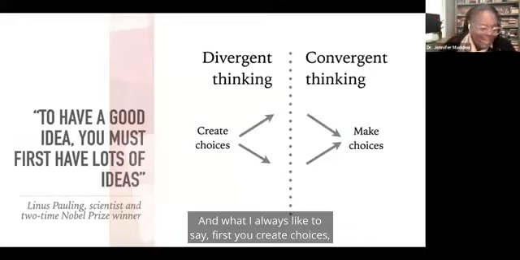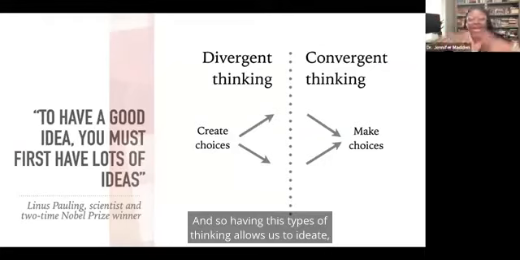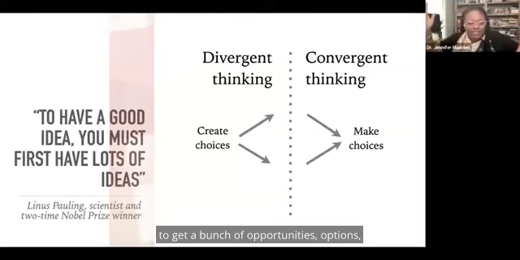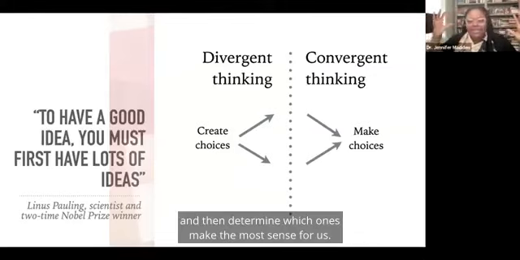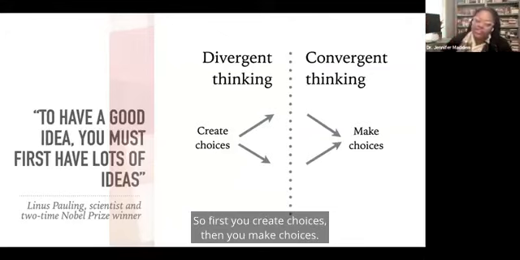And what I always like to say, first you create choices, then you make choices. And so having this type of thinking allows us to ideate, to get a bunch of opportunities, options, and then determine which ones make the most sense for us. So first you create choices, then you make choices. So divergent thinking and then convergent thinking.